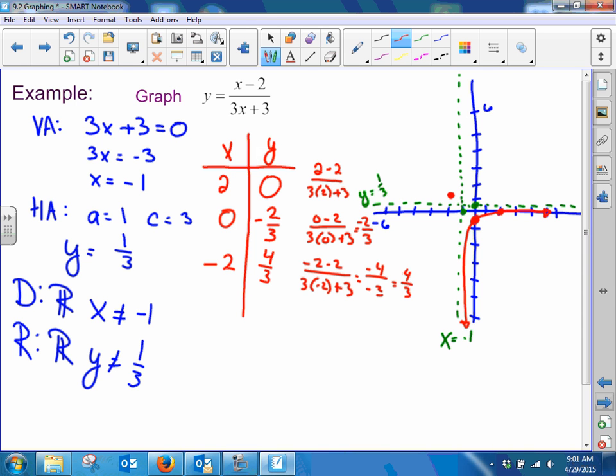And what's your last point you want to pick? -4? So -4 minus 2 times 3, or 3 times -4 plus 3. So I have -6 over, what's -12 plus 3? -9. So this becomes 2/3.